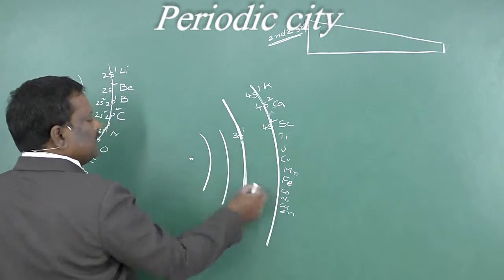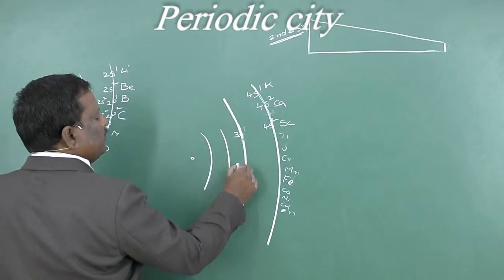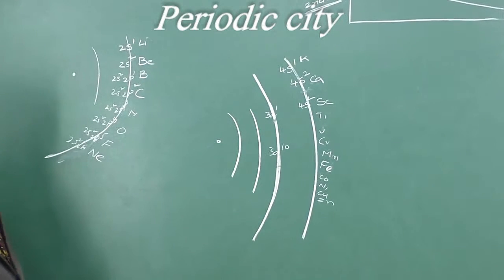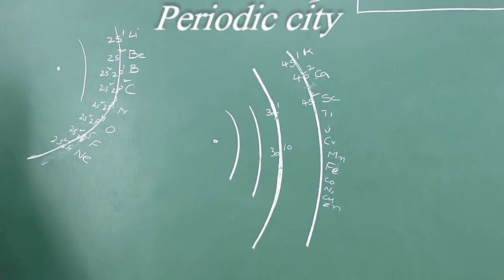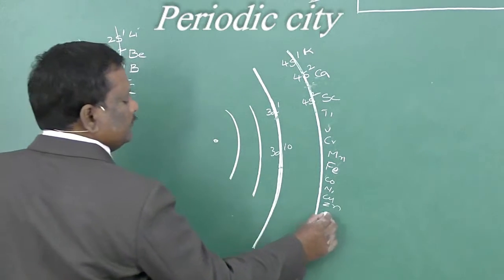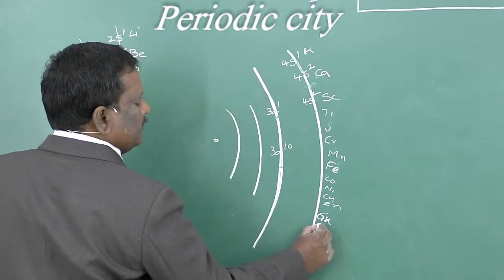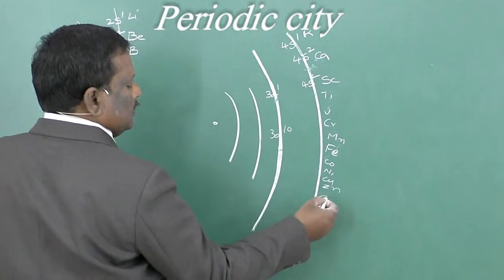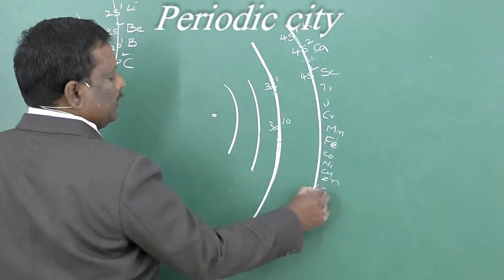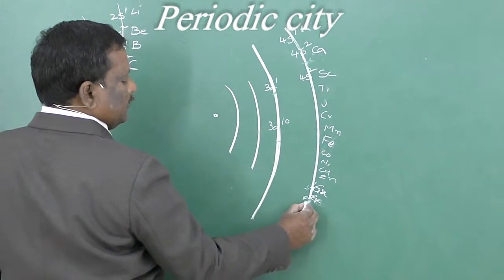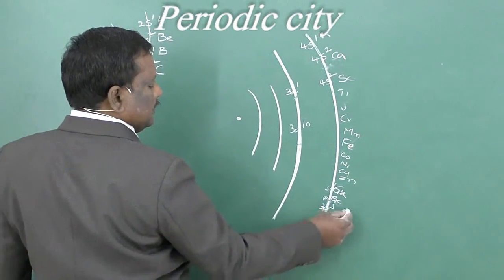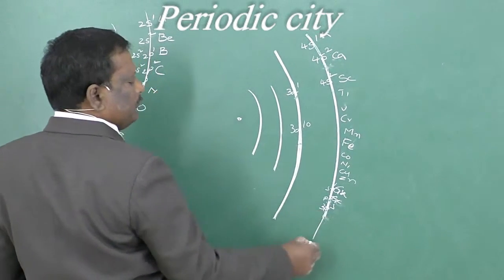Here in these 10 elements, the electron will enter 3d1 to 3d10. Then after that, gallium, germanium, arsenic, selenium, the electrons are again in the 3p level. 3p1, 3p2, then arsenic 3p3, next selenium 3p4, like that.